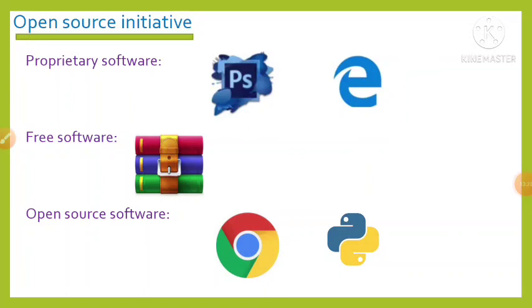They can update the software themselves. But in proprietary software, users have to pay money to buy or purchase this particular software. And in this software, users cannot update the software. Users have to wait for the owners to update the software.